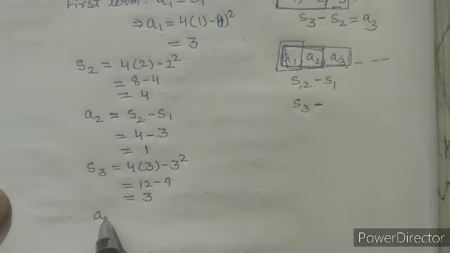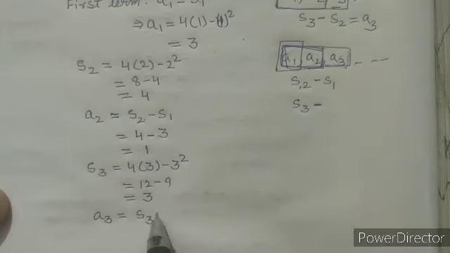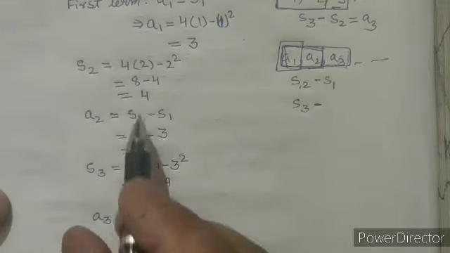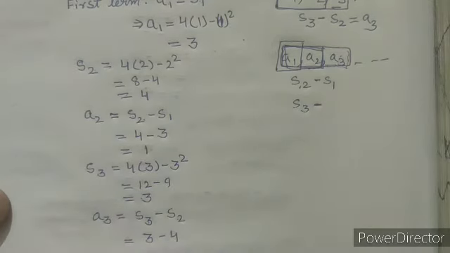Now if you want to find A3 or the third term of the AP, that will be the sum of the first three terms of the AP minus the sum of the first two terms of the AP. Now the sum of the first three terms of the AP was 3 and the sum of the first two terms was 4, and that will give us the third term, that is minus 1.